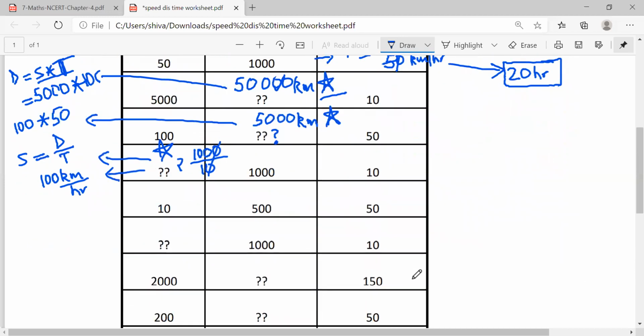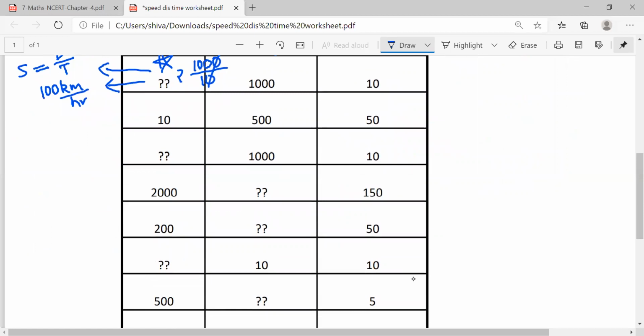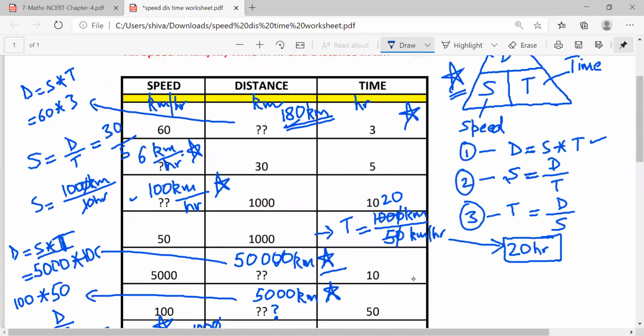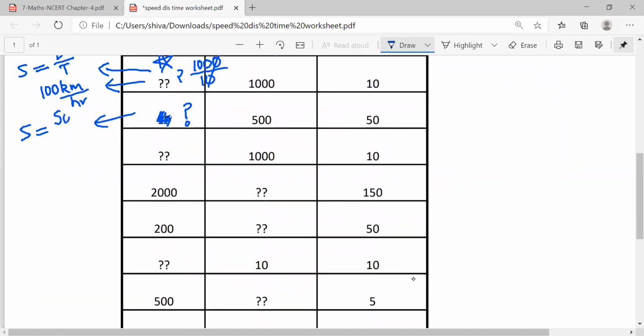Okay. Here there is a mistake. So let us assume that we have to find this. How will you find the speed, Sarthak? So speed will be distance upon time. Shabash. 500 upon 50.